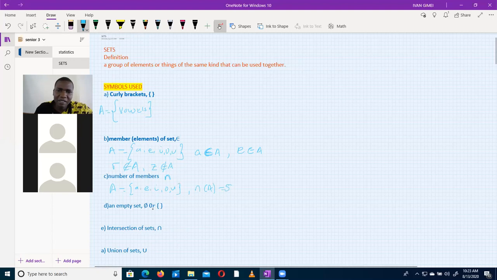Then the other one is an empty set. For an empty set, we use either this symbol or that one.